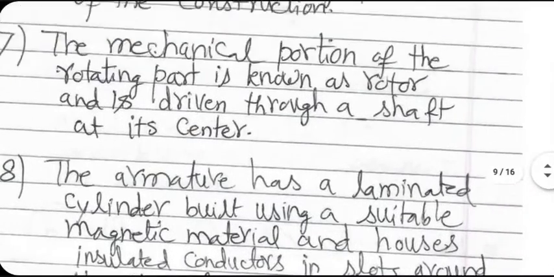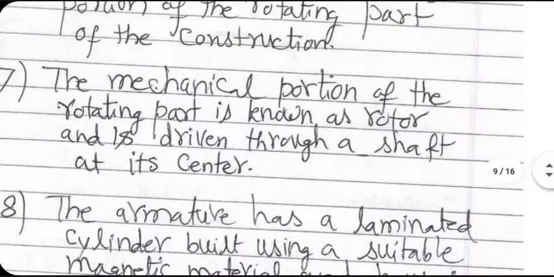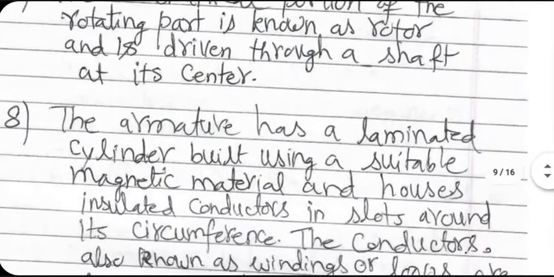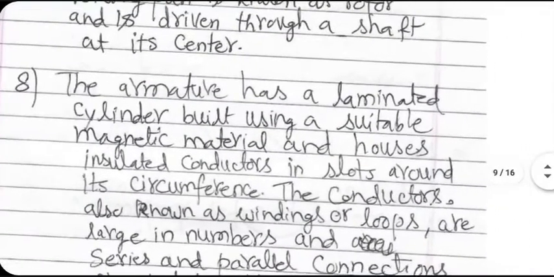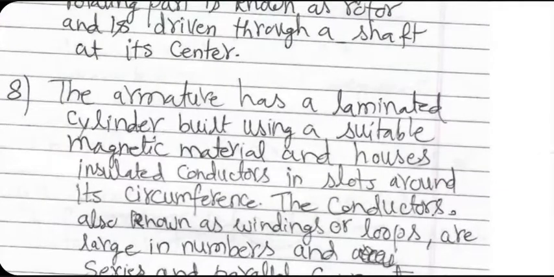Armature also has laminations so that we can reduce the eddy current loss in the armature also. And suitable magnetic material, etc., is necessary, of course. It houses all the conductors. Of course, conductors have to be insulated from each other, so they are not naked. You put insulations around them.